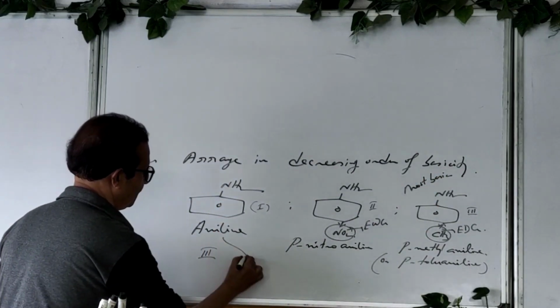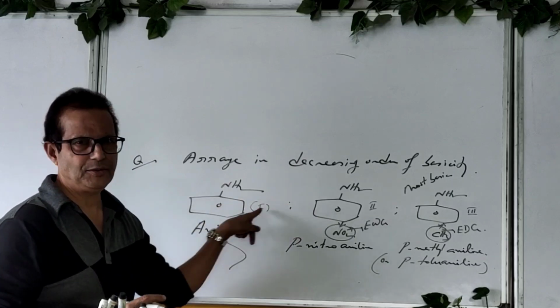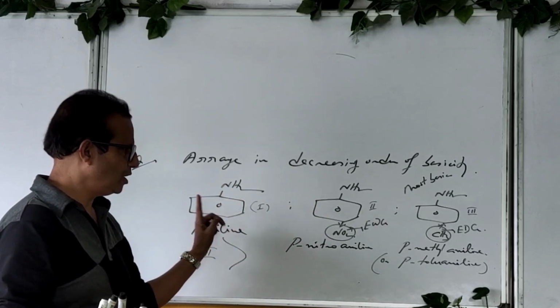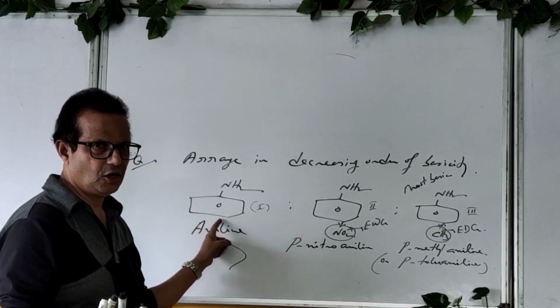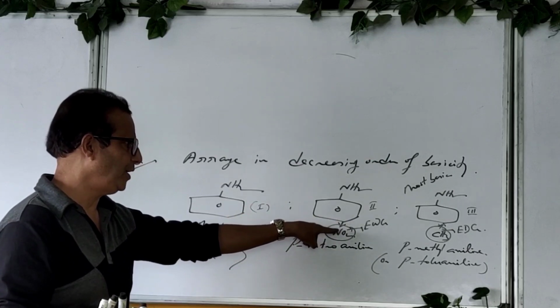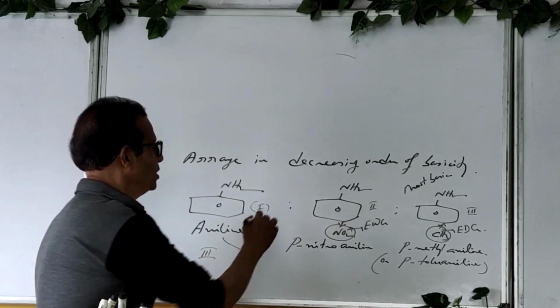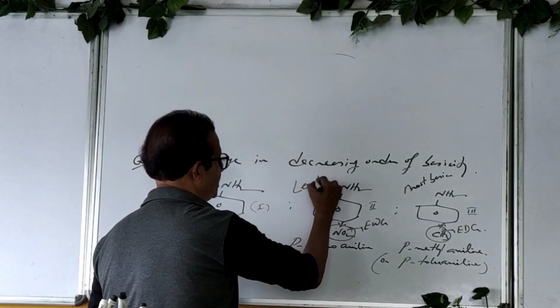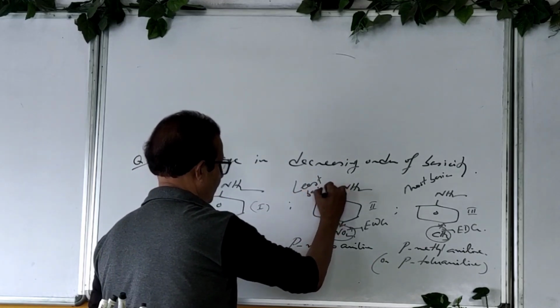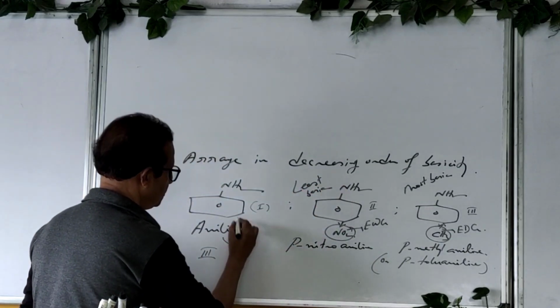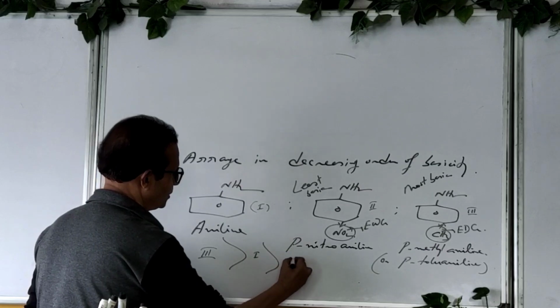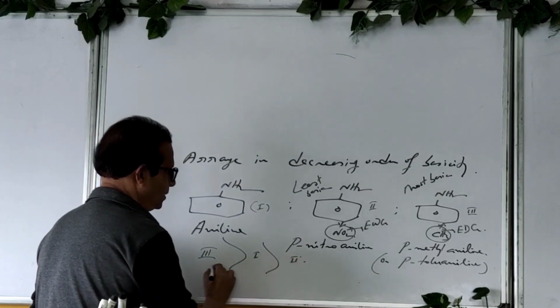Then between the other two, one has neither electron donating nor withdrawing group, but the nitro one has an electron withdrawing group, so it is less basic. So it is least basic. So 1, 3, 2 is the answer.